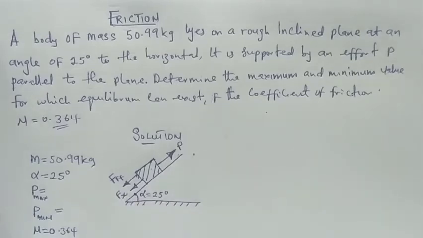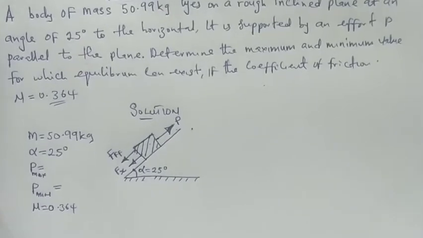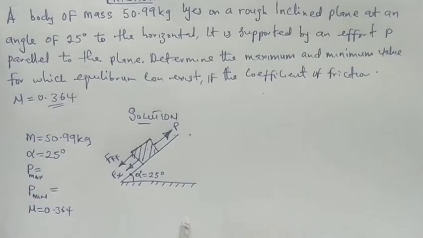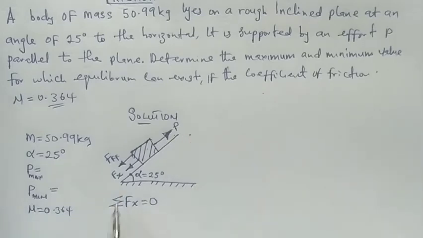Right? Now, if you apply the condition for equilibrium, we say that summation of Fx is equal to 0. So we want to consider the force parallel to the inclined plane, summation of all the forces parallel to the inclined plane.